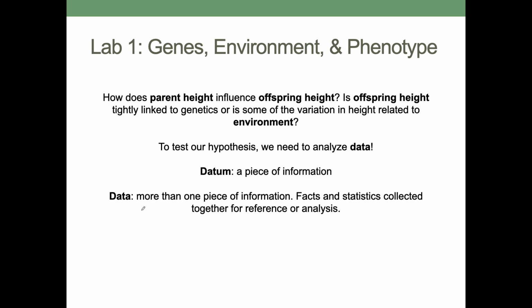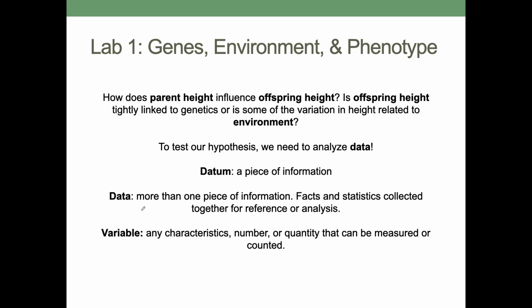And so our hope is that the data, whether it be height or coat color or whatever it is, reflects reality in nature. It reflects the true, or as close as we can get to the true underlying phenomena. In this case, in order to collect data, we can refer in some cases in this lab to variables.